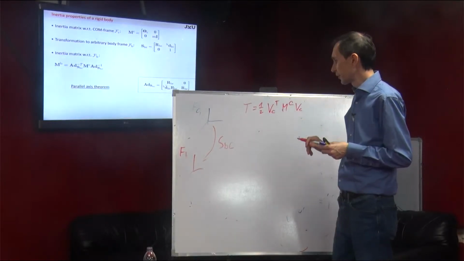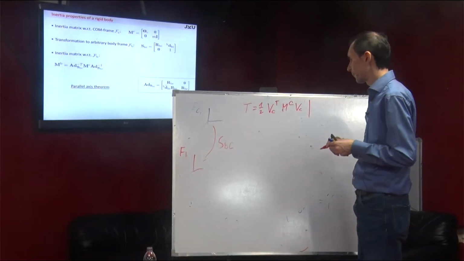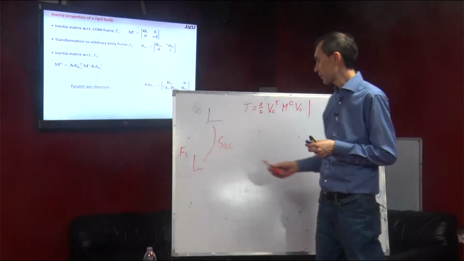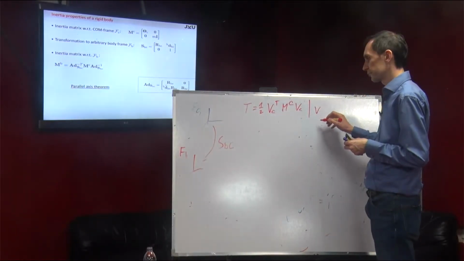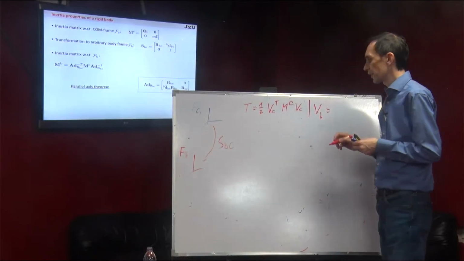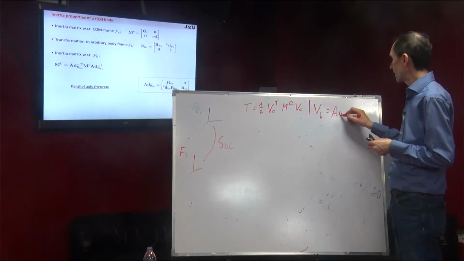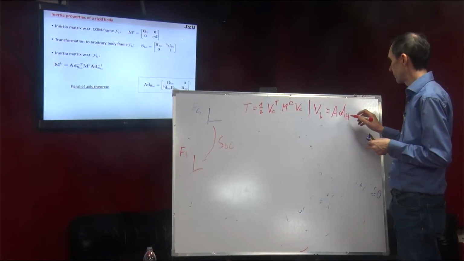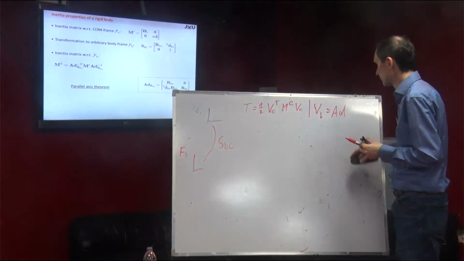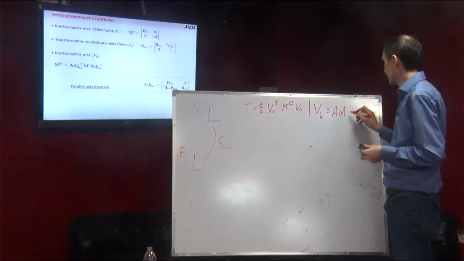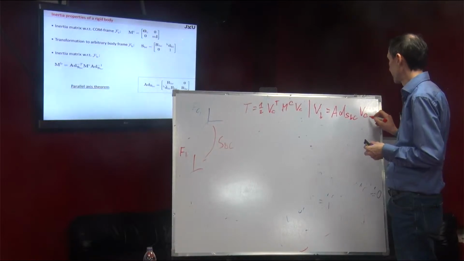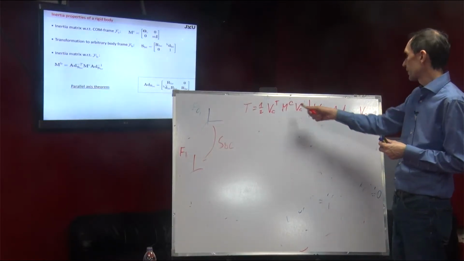So what else do we know? We know that the velocities are, so if I know this transformation, then I know the velocity at B, so V_B is equal to the adjoint of S_BC times V_C, okay?